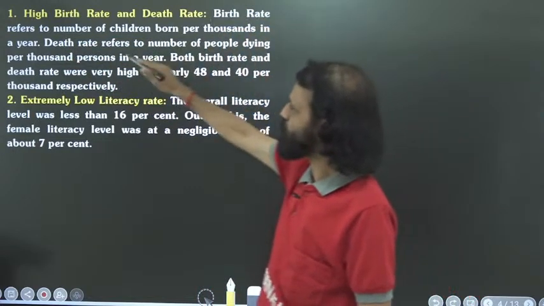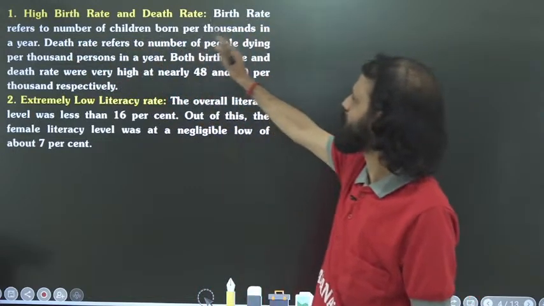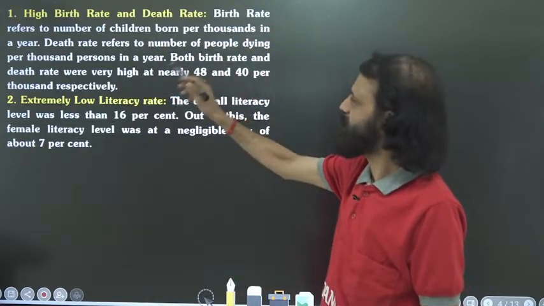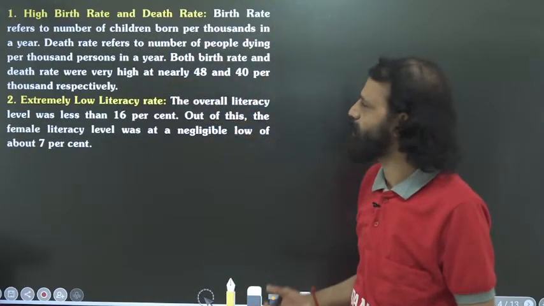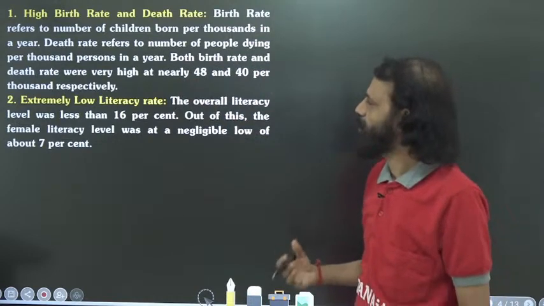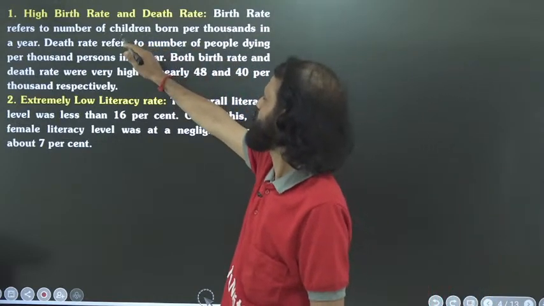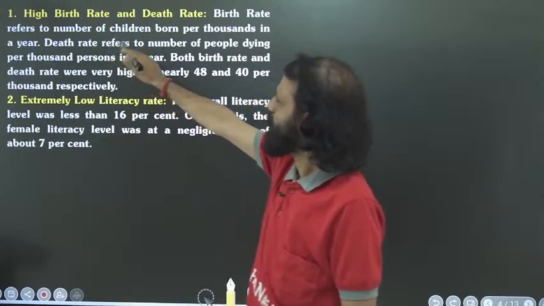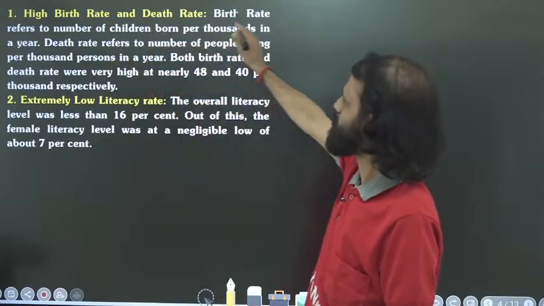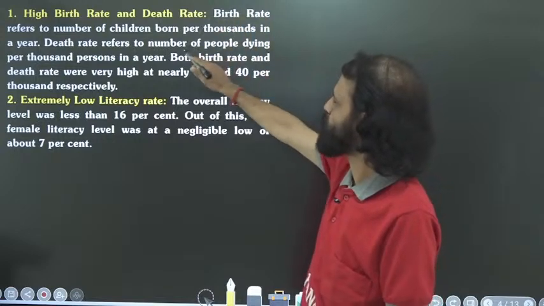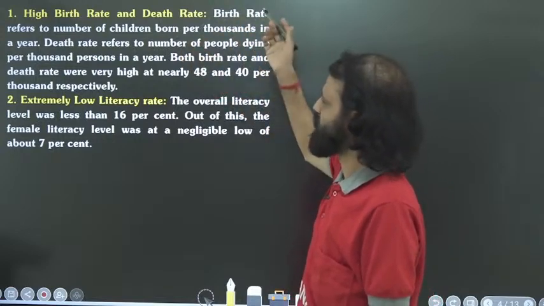Birth rate refers to the number of children born per thousand people in a year.